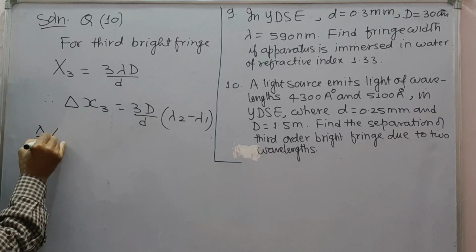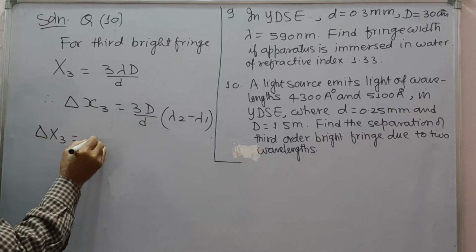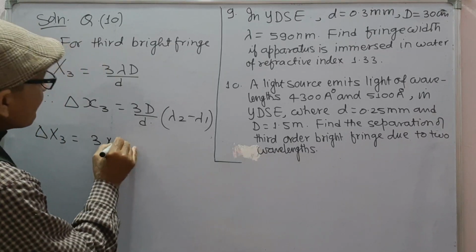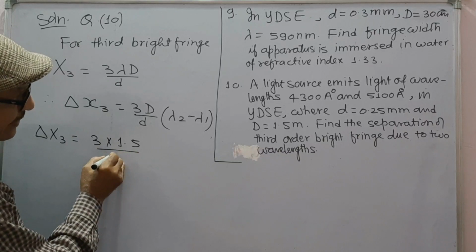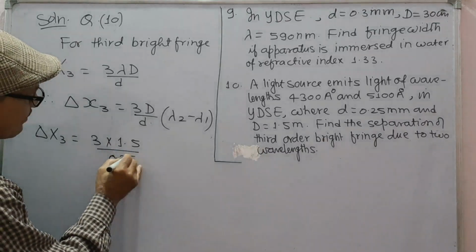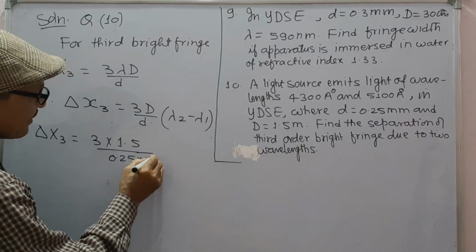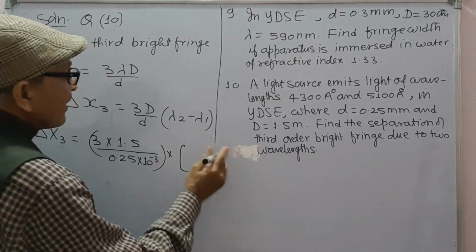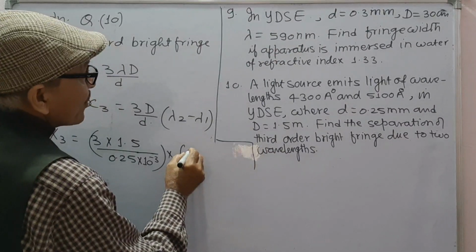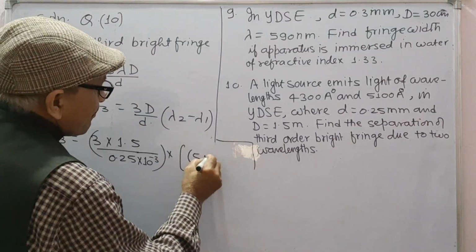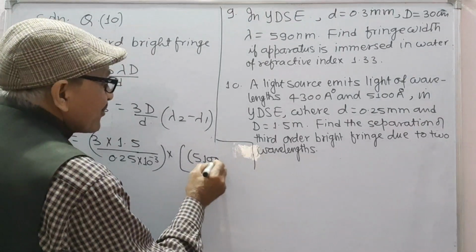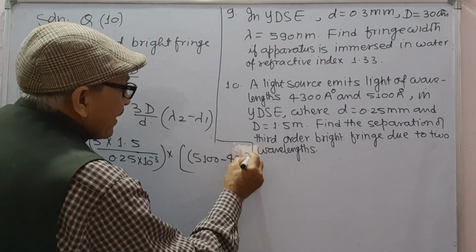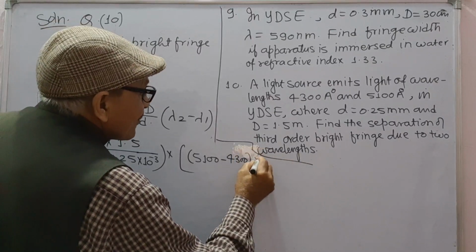So delta x3 will be equal to 3 into capital D is 1.5, small d is 0.25 into 10 to minus 3, into lambda 2 minus lambda 1. Lambda 2 is 5100 minus lambda 1 is 4300 angstrom, means 10 to minus 10.